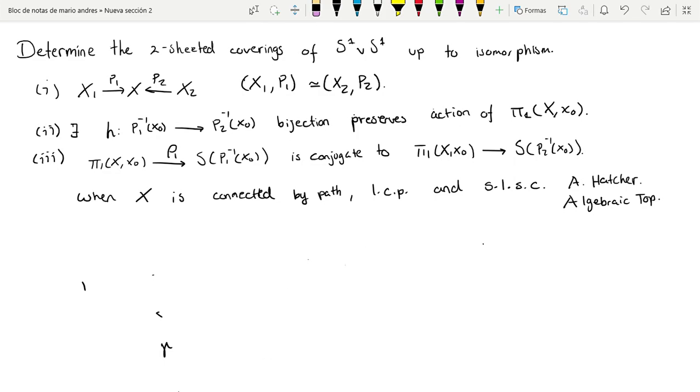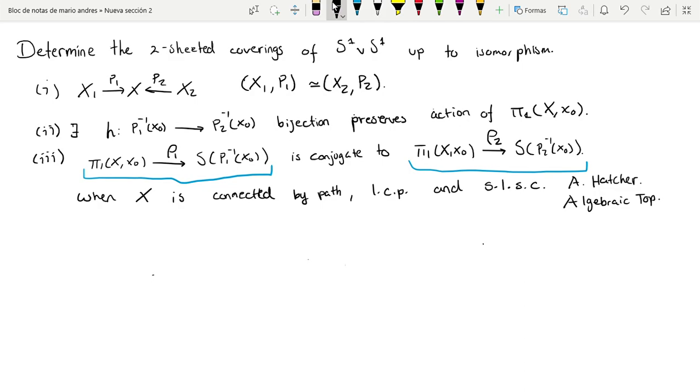Now, what does the third one mean? Well, the description that we already did is this action and this other action. Rho sub 1 is the action associated with the p1 covering, and rho sub 2 is the action associated with the p2 covering. So what does it mean that these two actions are conjugate?